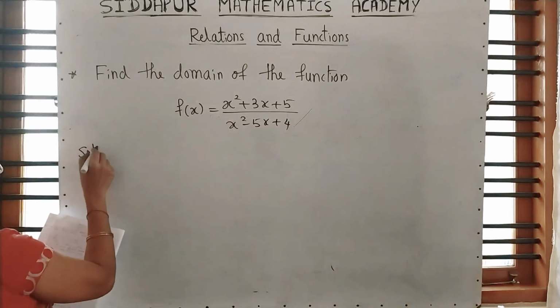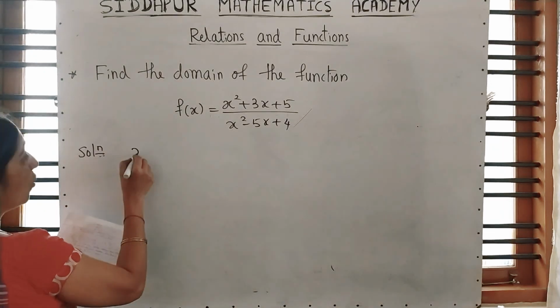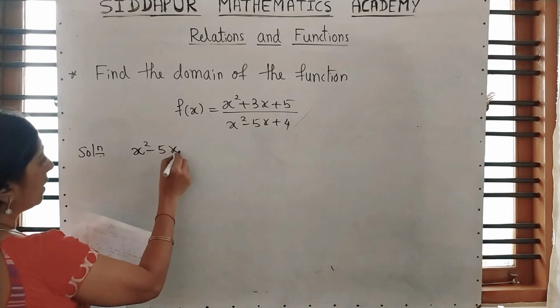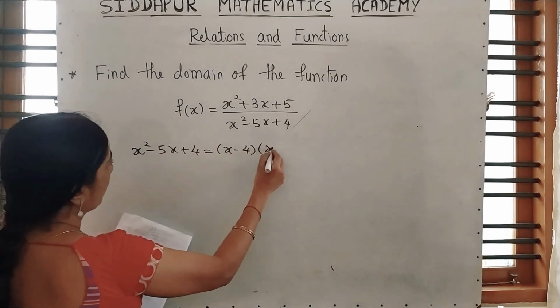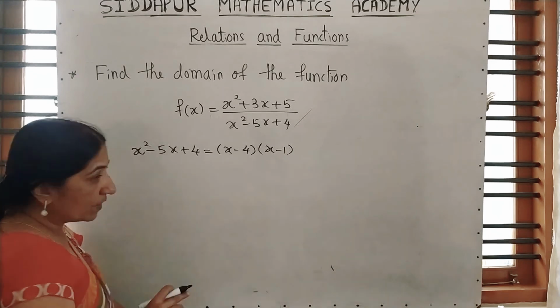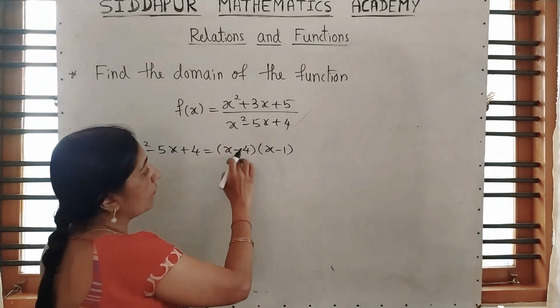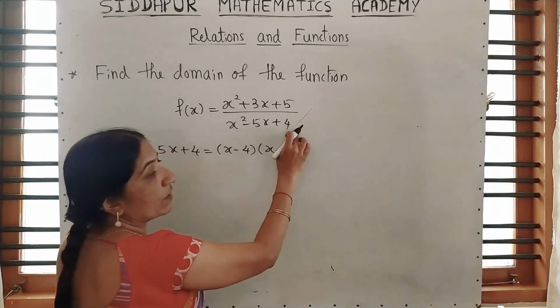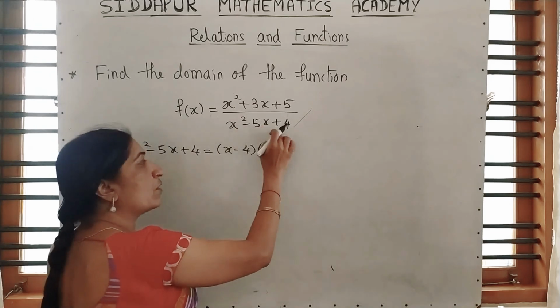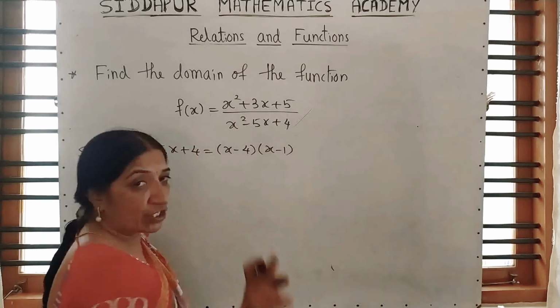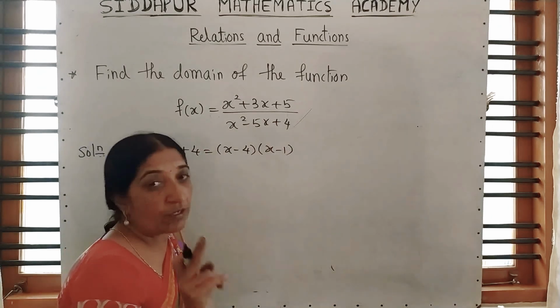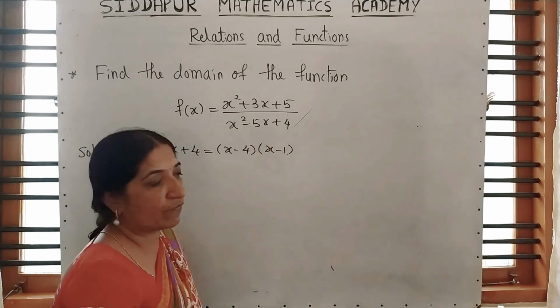See here, look at the denominator. If you factorize the denominator, you will get x minus 4 into x minus 1. That means if you write 4 in place of x, the denominator will be 0. If you write 1 also, the denominator will be 0. And in a fraction, if the denominator is 0, the value is infinity, that means not defined.